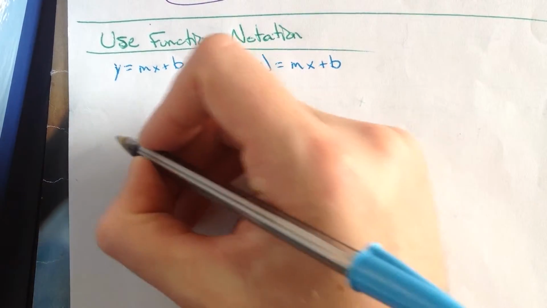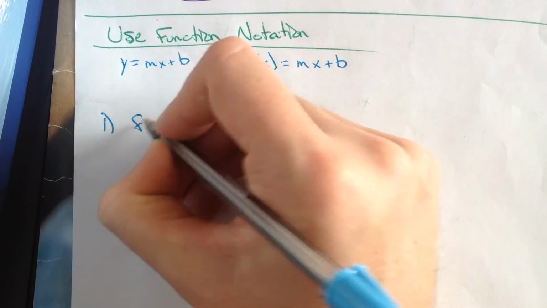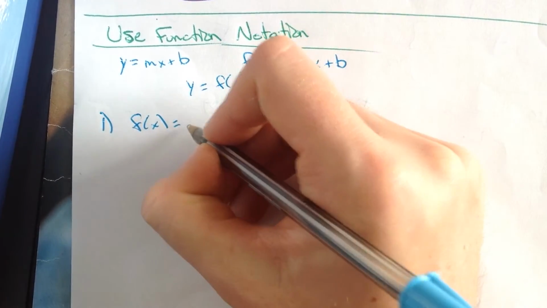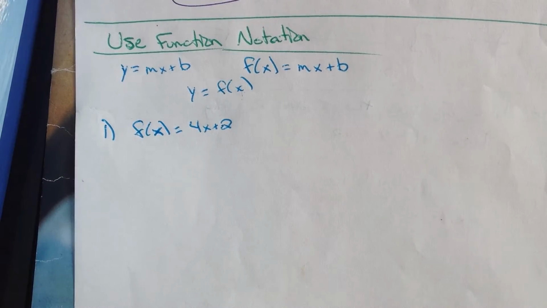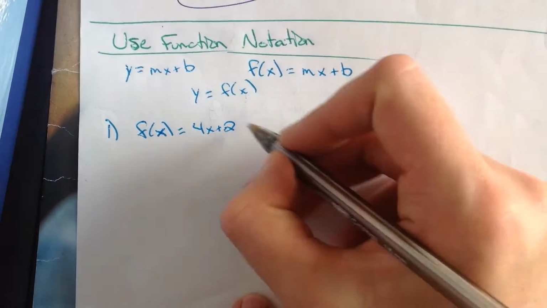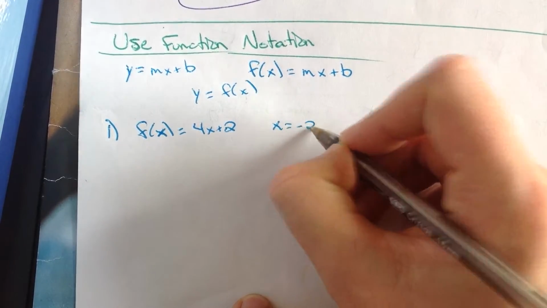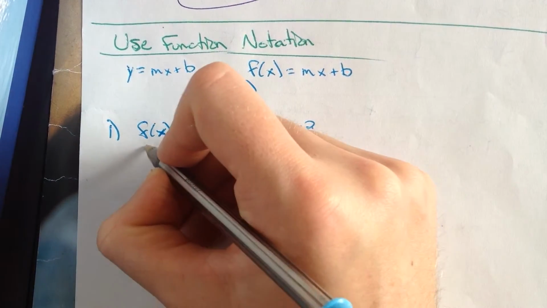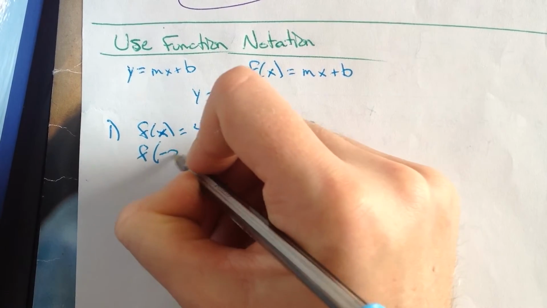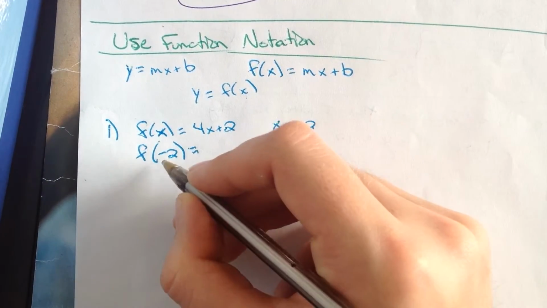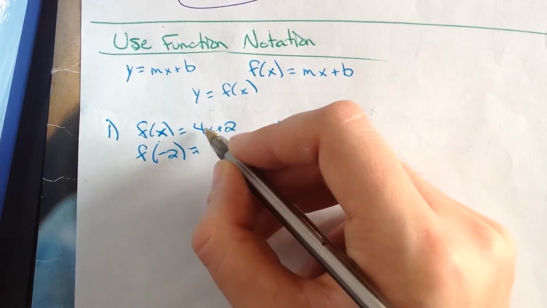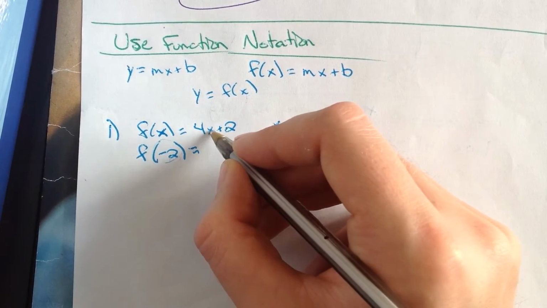So if I was given, for example, that I have this function of x that is equal to 4x plus 2, what I can do is then tell people what values I want to input for x. So say I want to know what happens when x equals negative 2. Well then, f of negative 2 is equal to... So what this means is, instead of x in this equation, we're going to plug negative 2 in for x.